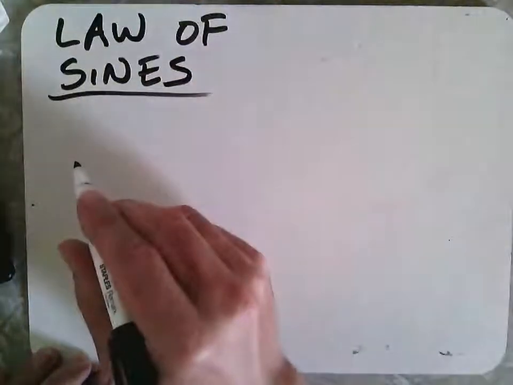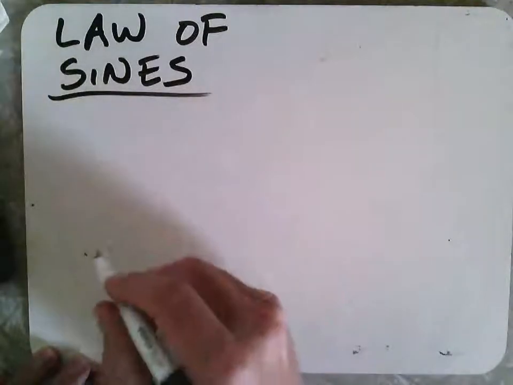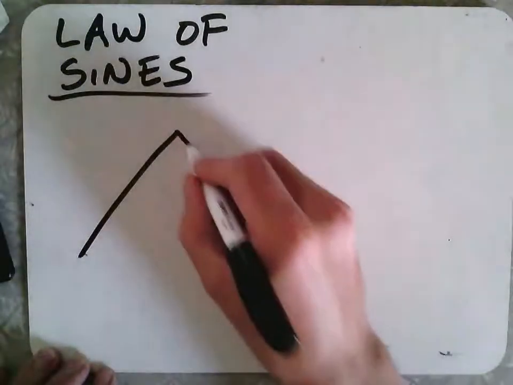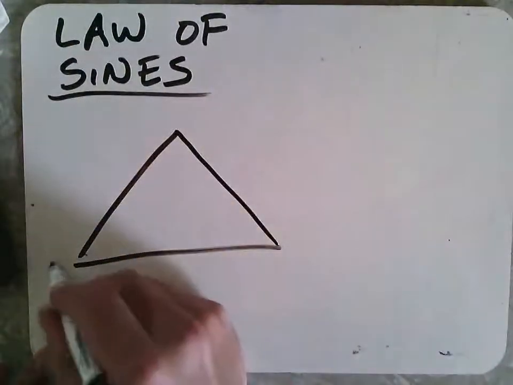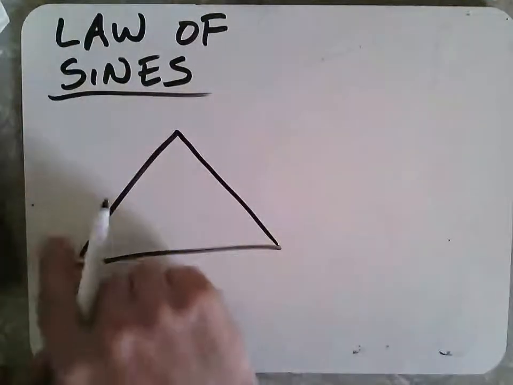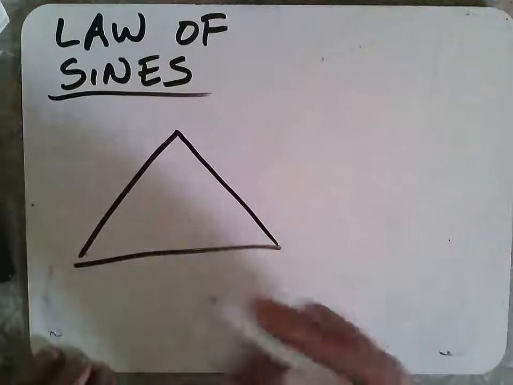First of all, the law of sines is really very simple, okay? So you start with any triangle at all. It does not have to be a right triangle this time. And we'll call this, well, here, let's use the same format they use.